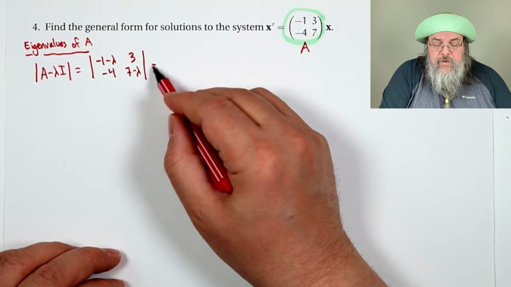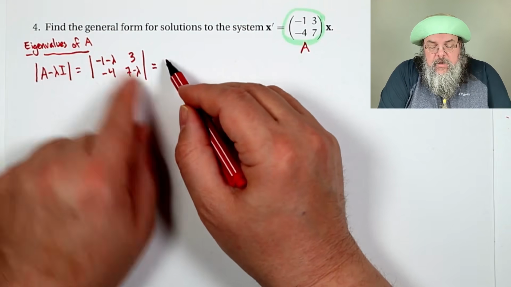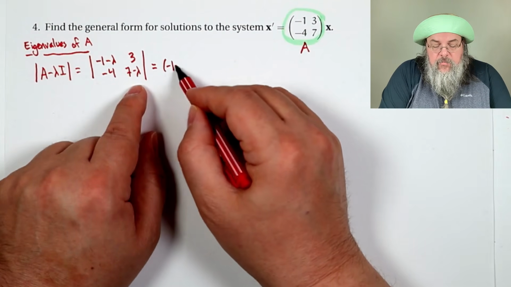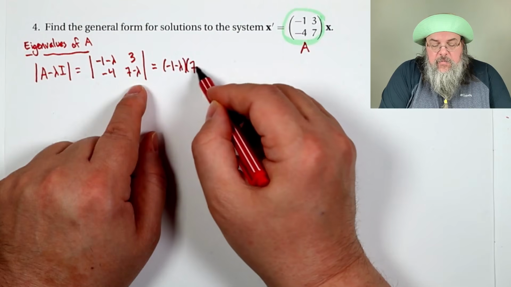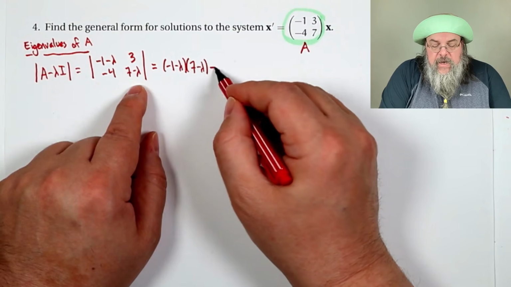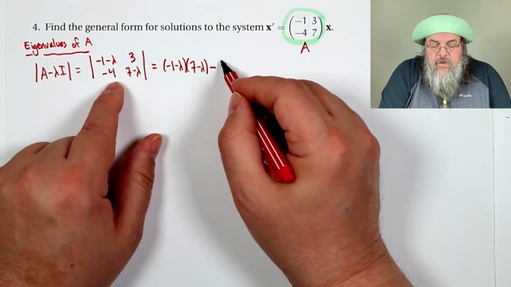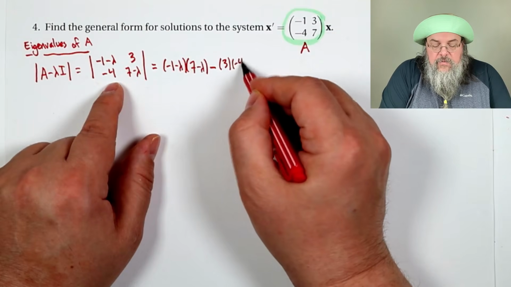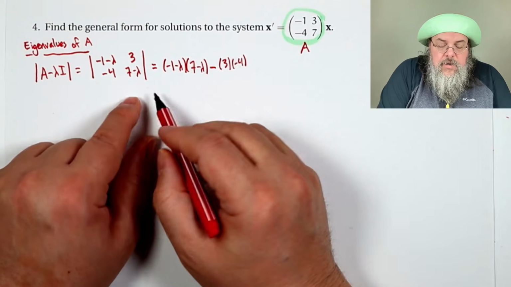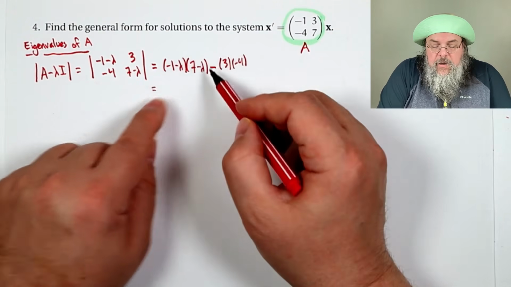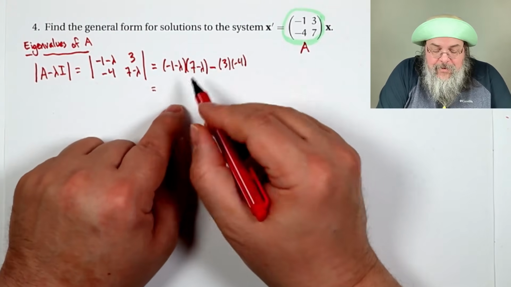All right, well, that would give us, taking our diagonal down, minus 1 minus lambda times 7 minus lambda, subtract the other diagonal going the other way, 3, negative 4. Well, okay, what is that? We get minus lambda times minus lambda is a lambda squared.